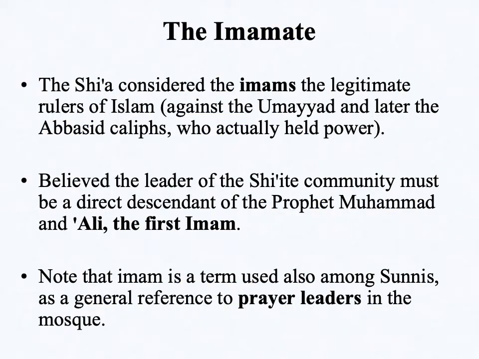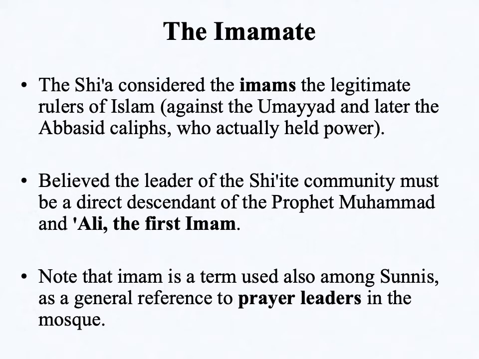So the Shiites, again, believing that the leadership of the Muslim community or Ummah should have belonged to these individuals descended from Muhammad through the line of Ali. And the term they use for these so-called legitimate rulers of Islam is imam, right? If we're talking in terms of an institution, the imamate.